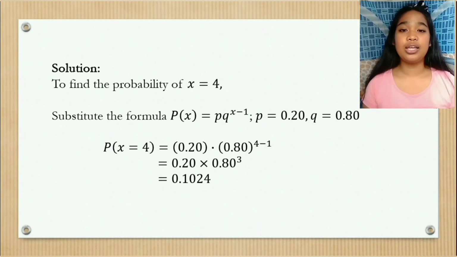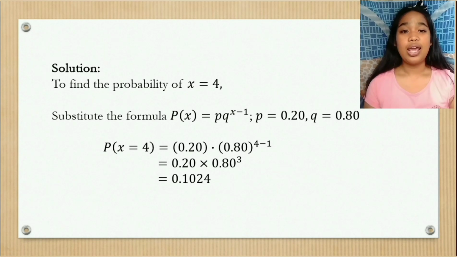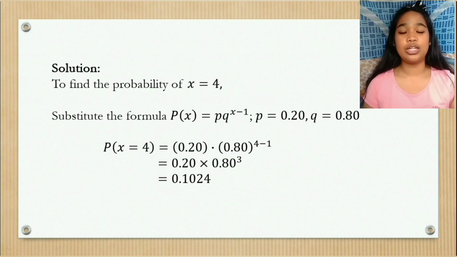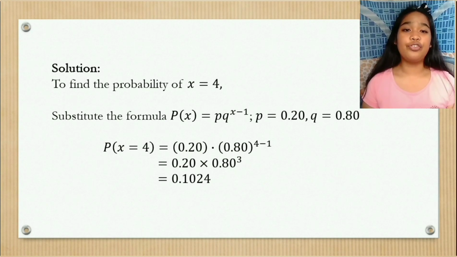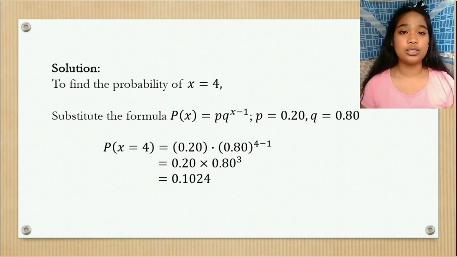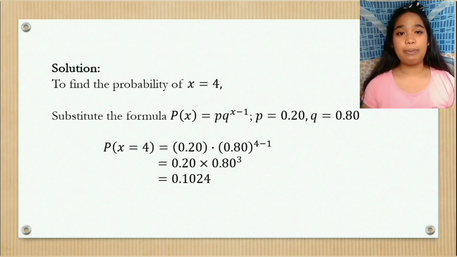Then the probability of x equals 4 equals 0.20 times 0.80 raised to 4 minus 1, equals 0.20 times 0.80 raised to 3, equals 0.1024. Therefore, the probability that the marketing representative must select 4 people before he finds one who attended the last home football game is 0.1024.